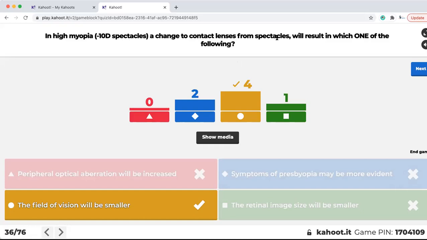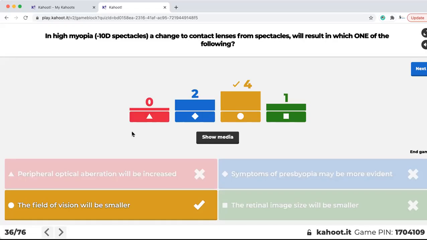So the patients need higher plus aid in order to see the image magnified. But since the contact lens will produce a more magnified image than the glasses, the contact lens will be better and the symptoms of presbyopia will become less evident.